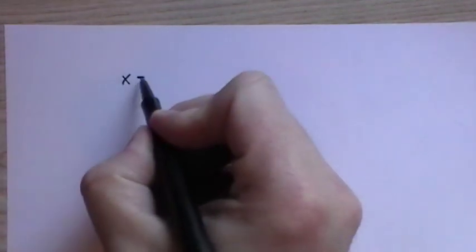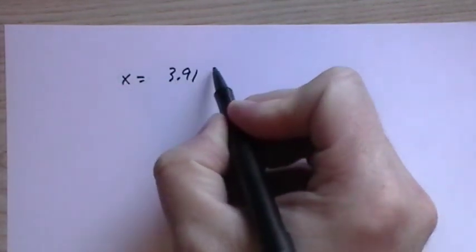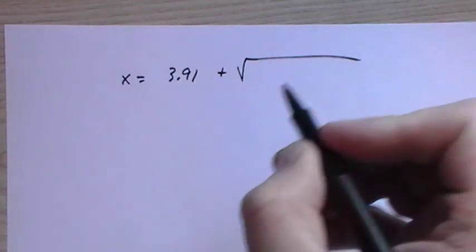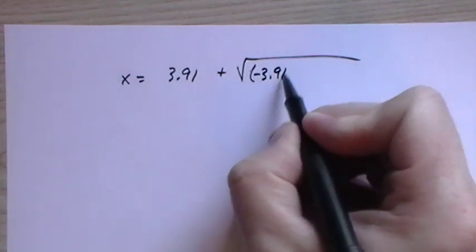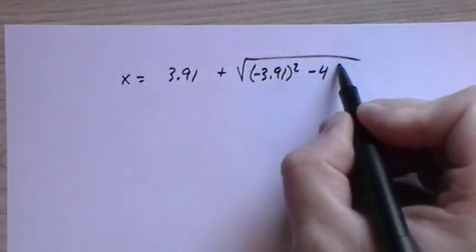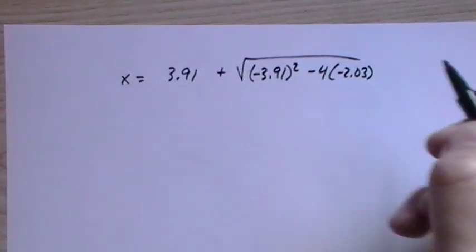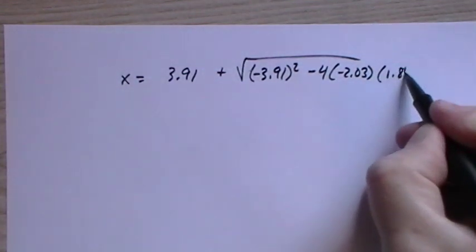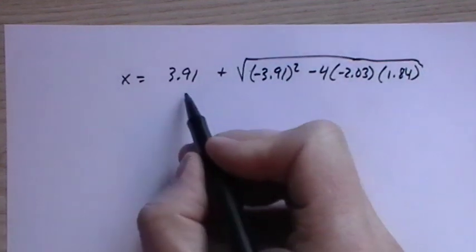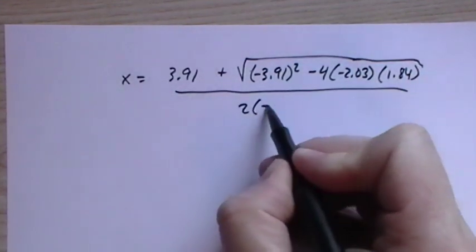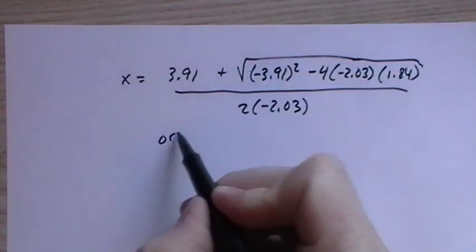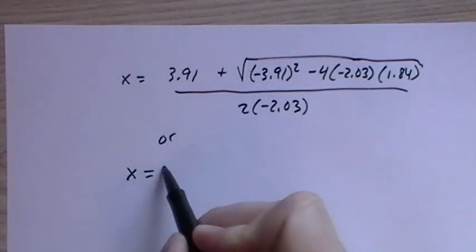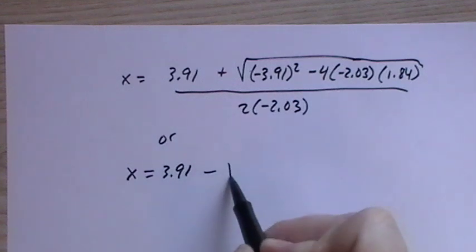And I'm just going to do it right off the board here. We have this, and then we have minus 3.91 squared minus 4. Now, I should say that as I'm doing this, let me just make sure I got the right numbers here. As I go along, some of these steps I'm rounding when I wouldn't normally round, because I want to show you every single step.